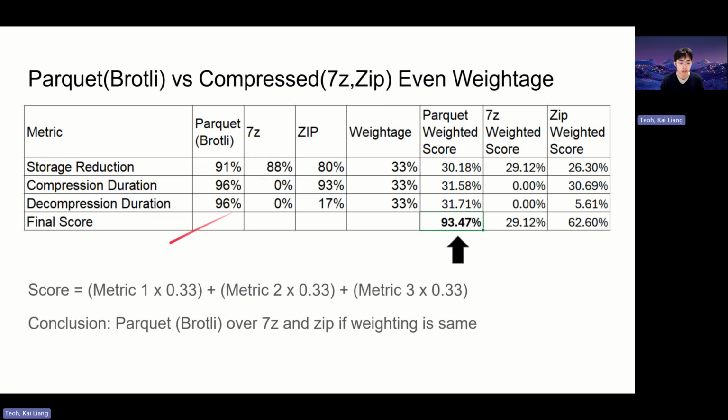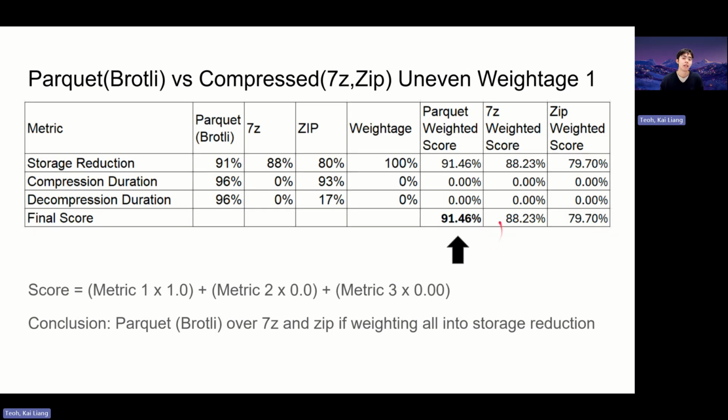So you plug in the score of the individual metric, multiply by the weightage, and add up the values, and you'll get a final score of 93 for Parquet. This goes to show you that Parquet is better than 7Z or zip.